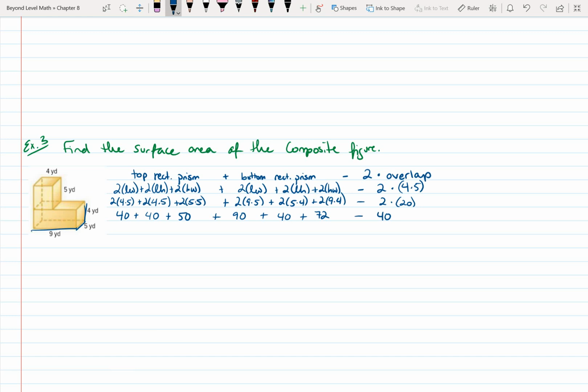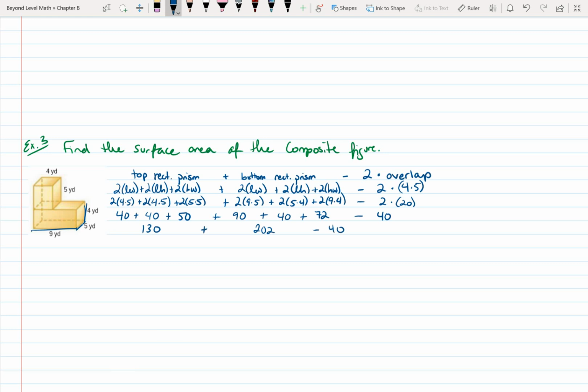Alrighty. And then we're going to go ahead and add everything together. For the sake of keeping everything organized, I'm going to add each portion together individually first.